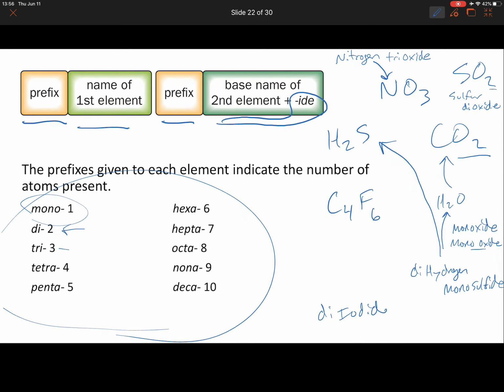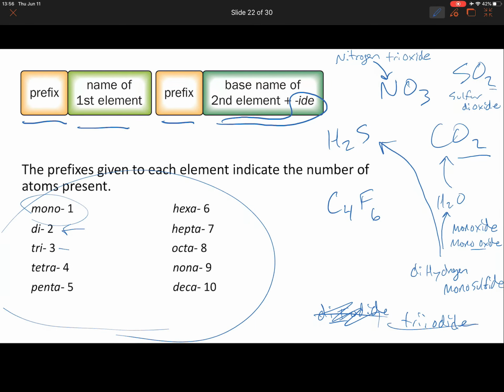Diiodide. Too many I's. Smush them together. Oh, I'm sorry. The vowel does get dropped in monoxide, but not in dioxide or trioxide. Triiodide. So diiodide, triiodide. Sorry, we would still say that. We wouldn't smush them together.